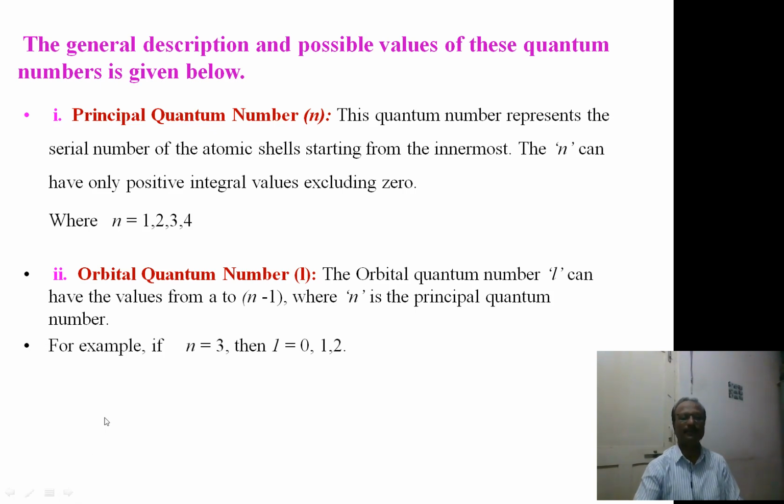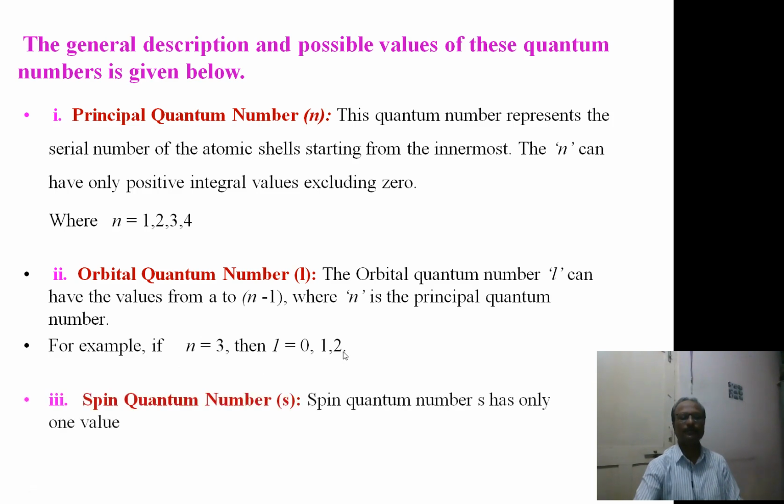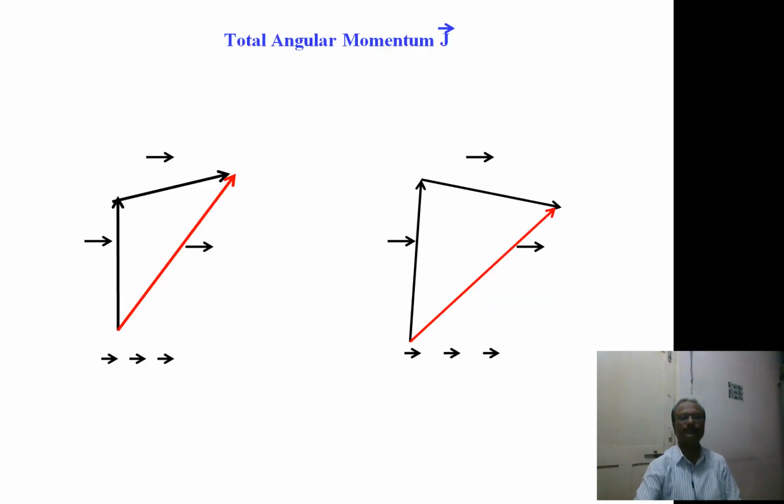For example, if n equals 3, then l can have the values 0, 1, 2. The next quantum number is the spin quantum number s. We know that the spin is clockwise as well as anti-clockwise, so for clockwise and anti-clockwise we can take plus half and minus half values. So numerically, s equals half.